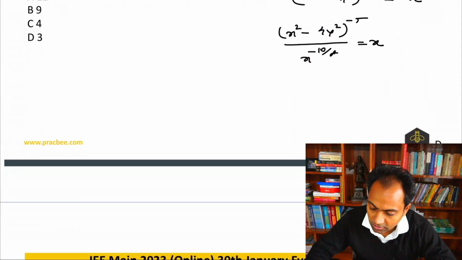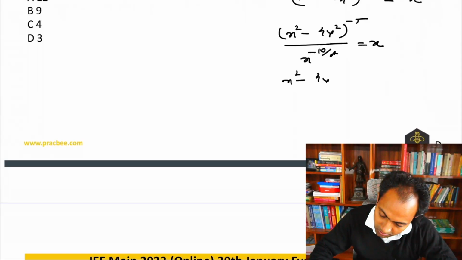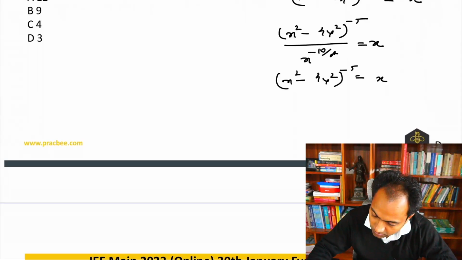This we can take on the other side. And if I take it on the other side, this becomes (x square minus 4y square) raised to the power minus 5 by 8 equal to x raised to the power minus 2 by 8.